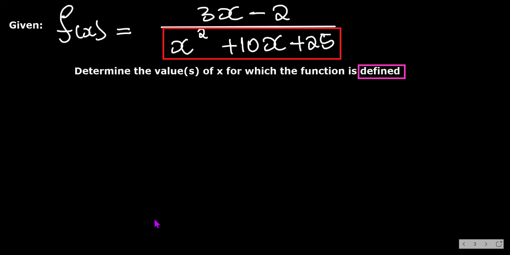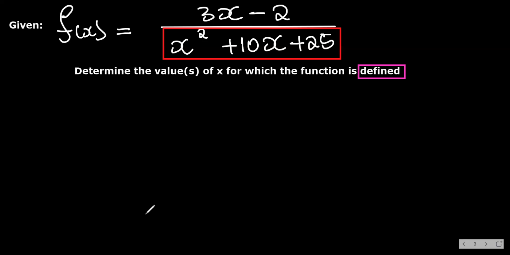Firstly, we need to find those values where the function is undefined, and then we can say it must be defined everywhere else. If we know that the function is undefined at 10, then it means it's defined everywhere else. That is the concept.